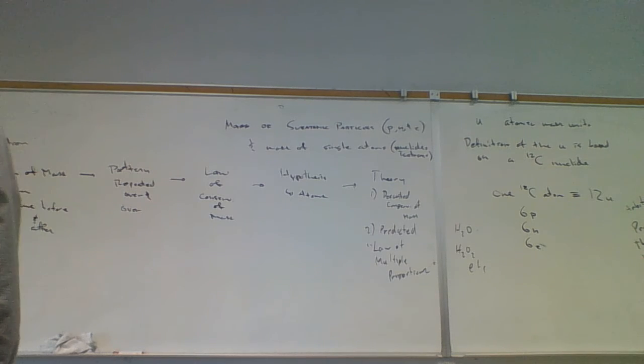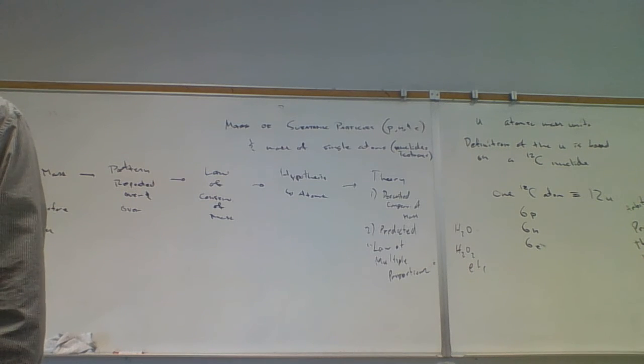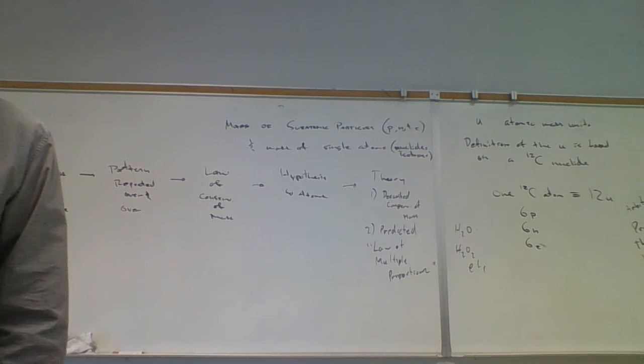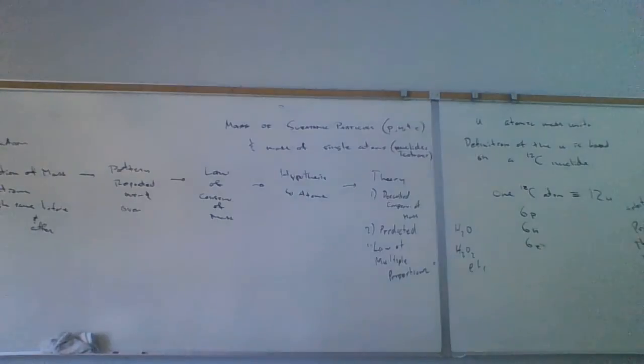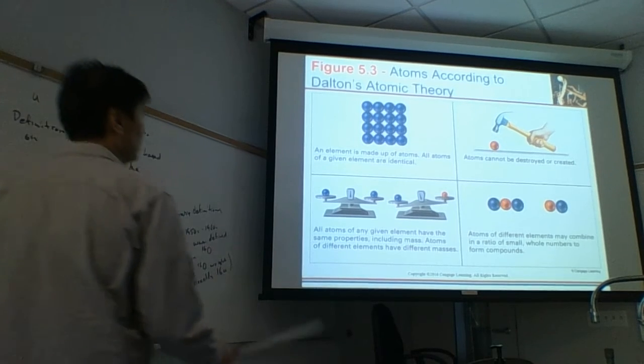But at the time, nobody had seen an atom. And there are plenty of detractors. And so this is pretty significant. And so here's a little pictorial diagram. Keep in mind this is the 1800s, so some things have changed a little bit. So an element is made up of atoms.